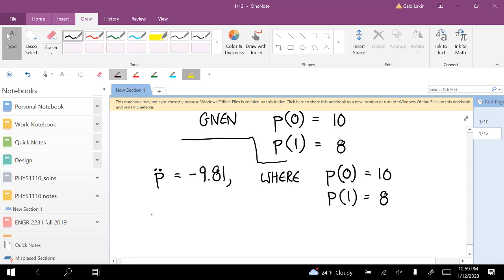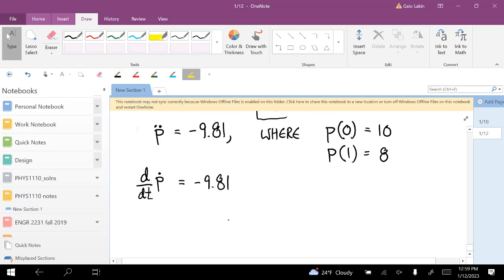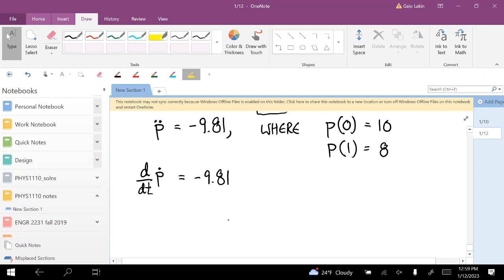Okay, so I'm going to write this like I did last time as d dt of P dot is equal to negative 9.81. Separate variables. We'll think of that negative 9.81 as the function of time, and 1 as the function of P dot.